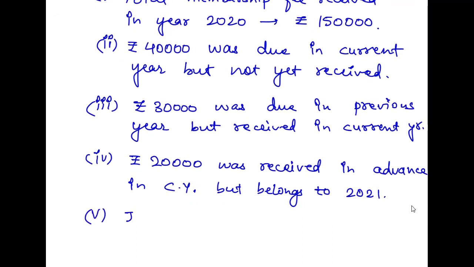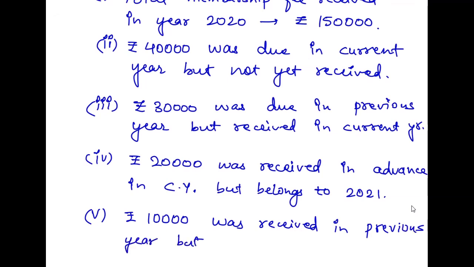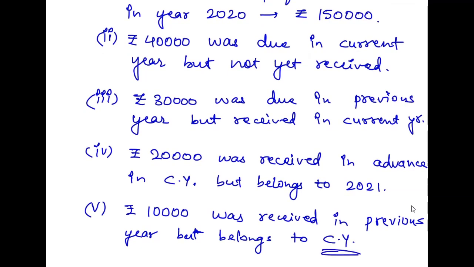And last, rupees 10,000 was received in previous year but belongs to current year. CY means current year. If I have written somewhere PY, that is equal to previous year, and your CY is equal to current year.